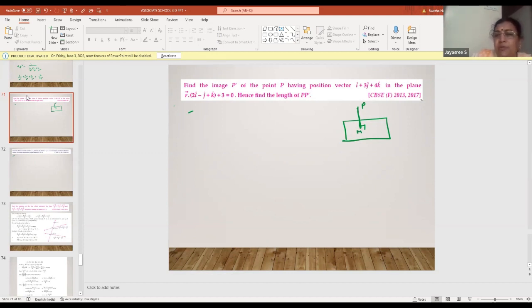That way the equation will be one question. The second question will be find the foot of perpendicular. The third question is find the distance. And the fourth question is find the image. So four questions come here. One is the equation PM, the second is the foot of perpendicular, the third is the distance, and the fourth is the image.